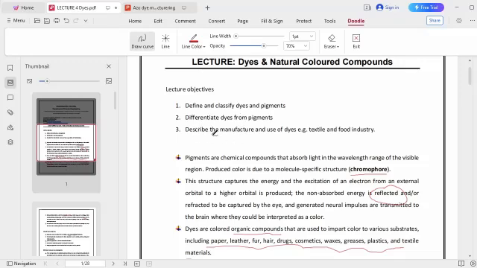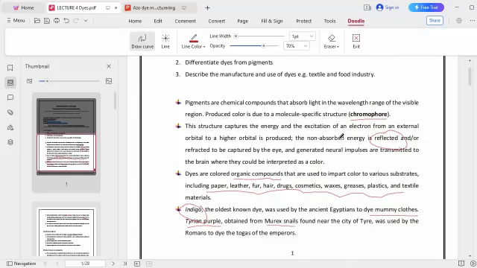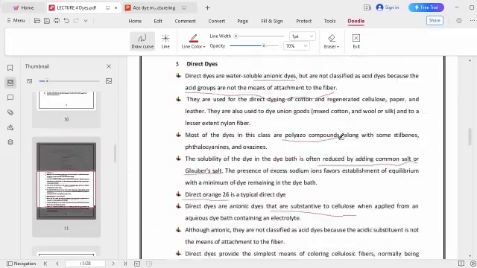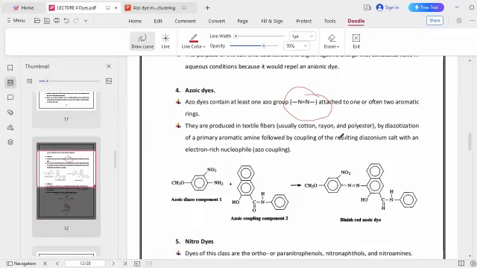Then finally, we looked at the manufacture of azo dyes, which involves nitrosation or formation of primary aromatic amine, which is then used to make diazonium salts by reacting the primary amine with nitrous acid.